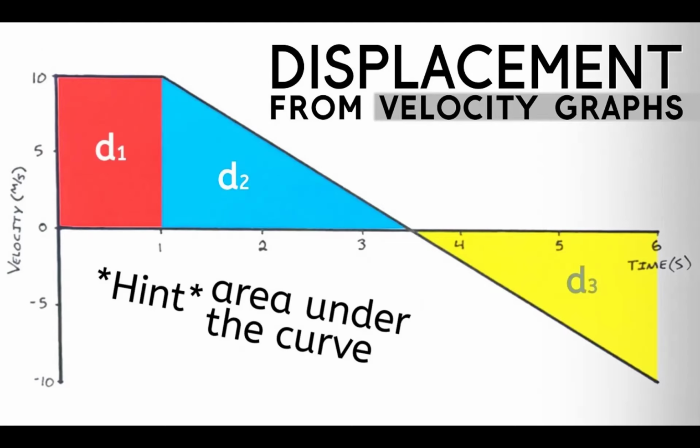So at the end, the result is only the 10 meters, because it's 10 plus 12.5 minus 12.5. So it's 10 meters. Okay. So the displacement, we have learned, is the area under the velocity-time graph. Yes, area, because apparently motion is also geometry.